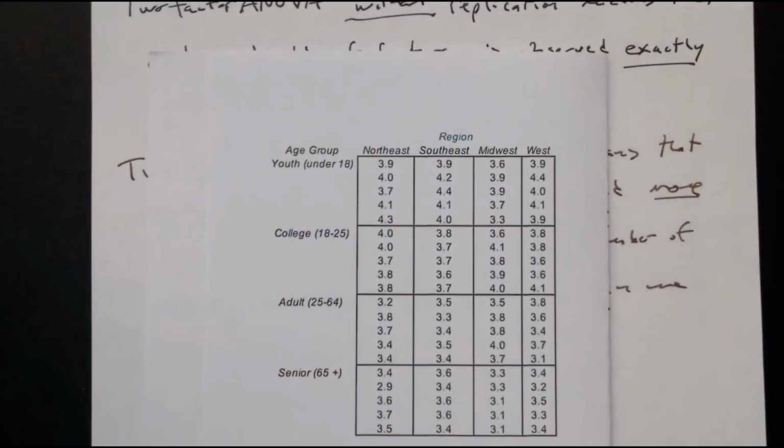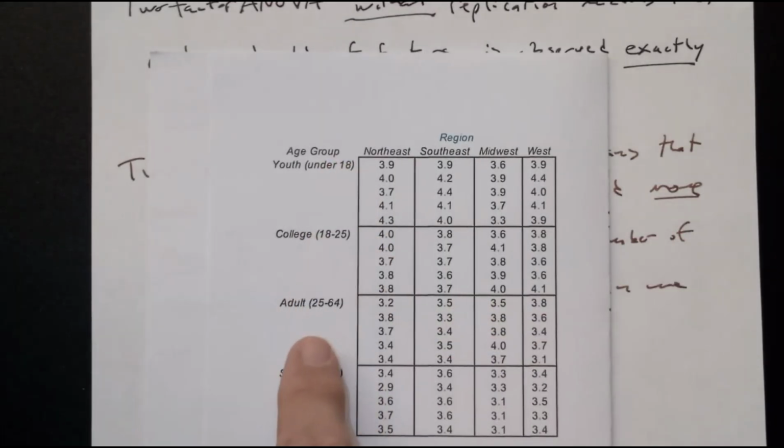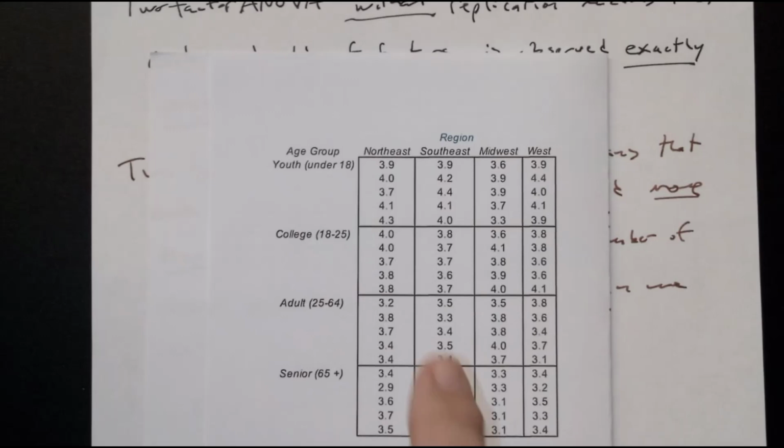Problem number 27 on page 441. Here's the data I get. My 4 age groups: youth, college, adult, senior, and my 4 geographical regions: Northeast, Southeast, Midwest, and West.